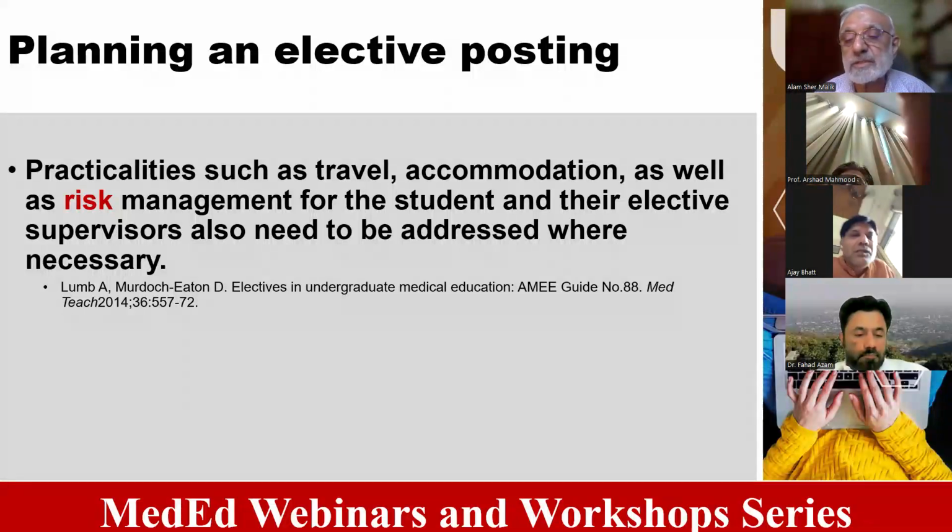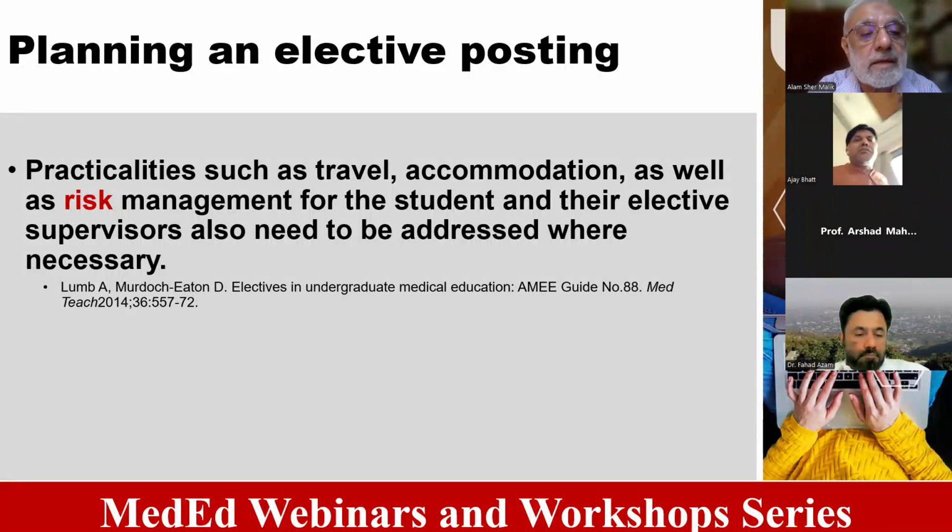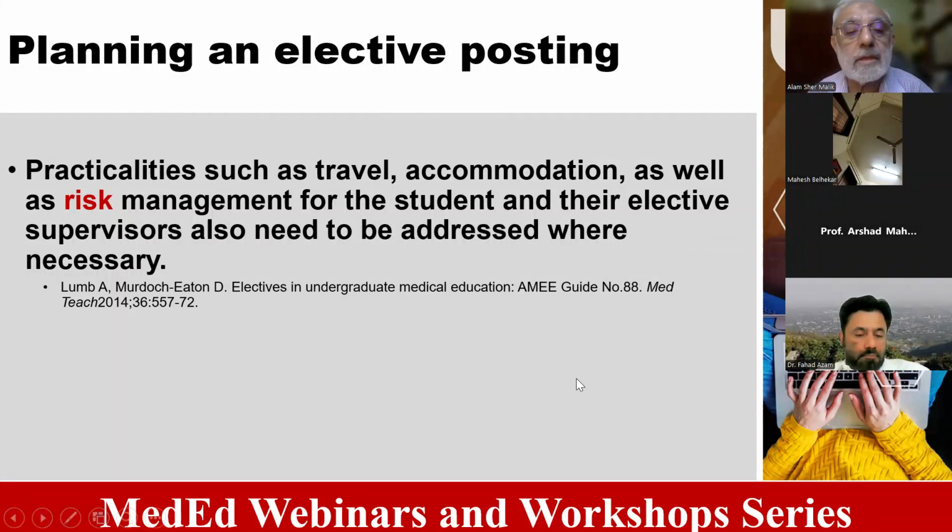For example, students are going for an elective in an area which may not be very safe, or where the facilities are not adequate. So the risk needs to be calculated and anticipated.